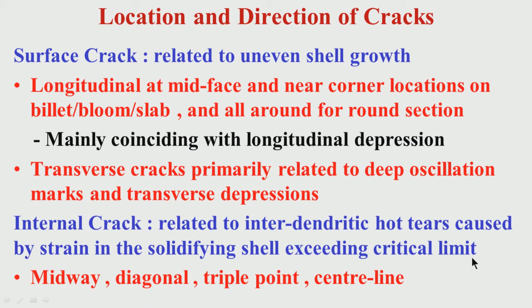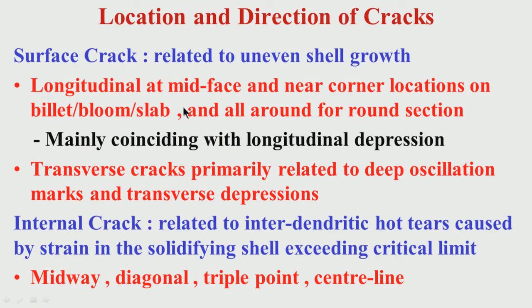Whenever the strain exceeds the limit, you will have crack formation in interdendritic areas. So, we call it hot tears. I have shown it can be at midway, it can be diagonal, it can be triple point, it can be central line. So, the possibilities of crack formation are there at different locations, at the surface and internal.